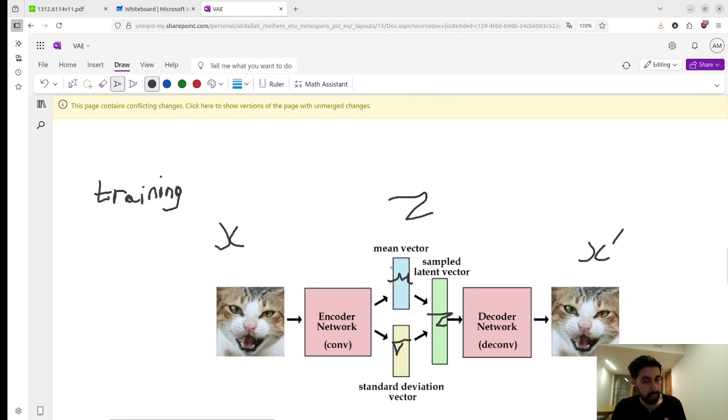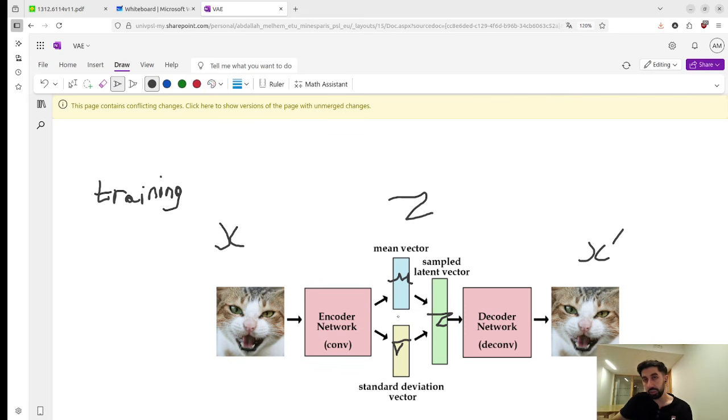And because z is random and it's outputted by a network, this creates problems, especially in the weight updates, because we have two neural networks and we need to update their weights. If the network is outputting a random variable, something new every time, that will create a lot of problems when we try to derive the loss with respect to the weights. So we have a network, and the network is stochastic. A stochastic network is a network that generates something new every time.